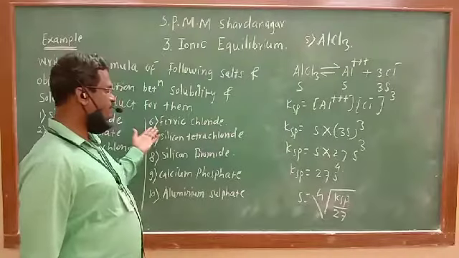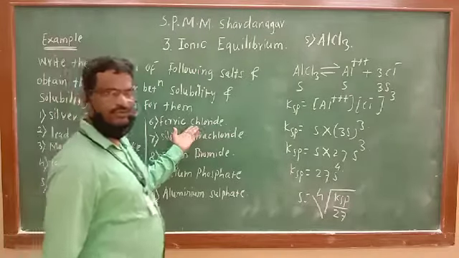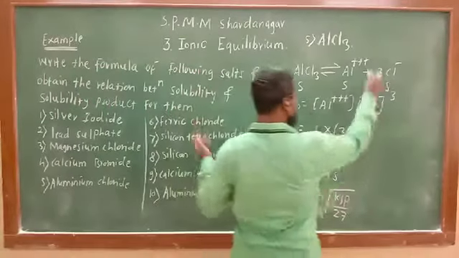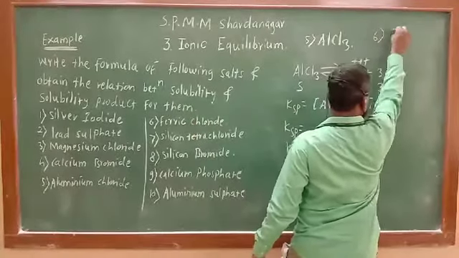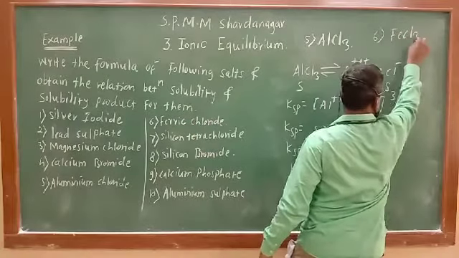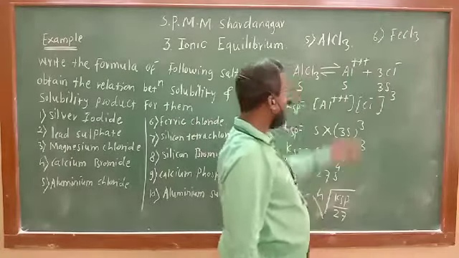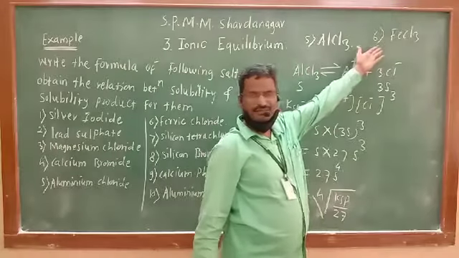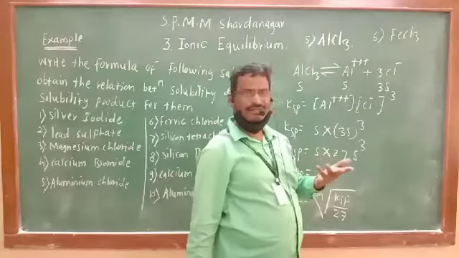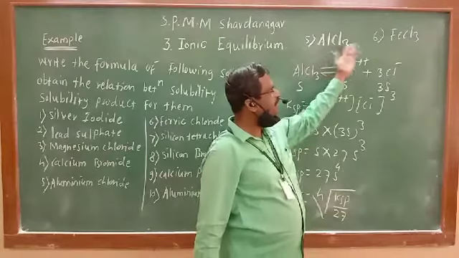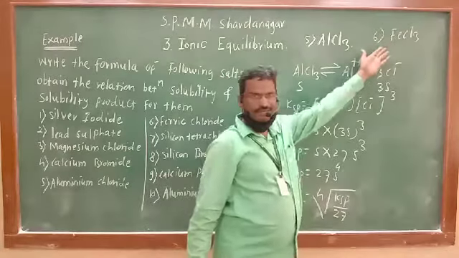Number 6, ferric chloride, FeCl3. So AlCl3 and FeCl3 are again one and the same. This is BA3 type, this is also BA3 type.